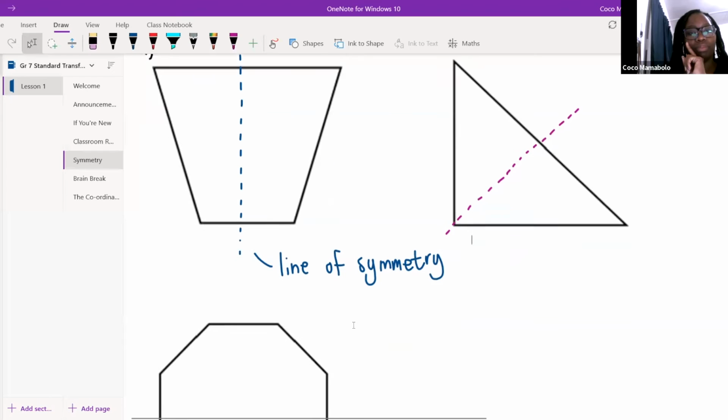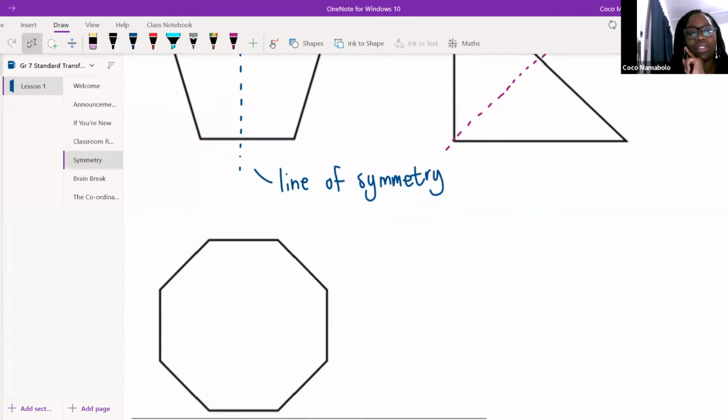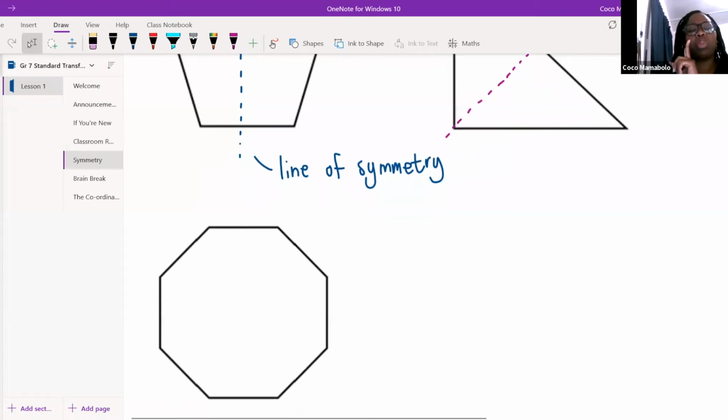Let's look at this one over here. How many lines of symmetry does this have? By the way, what is the name of this shape? Thank you, Karabo. Amohelang, be careful. How many sides does it have? I'm seeing hexagon, octagon, pentagon.